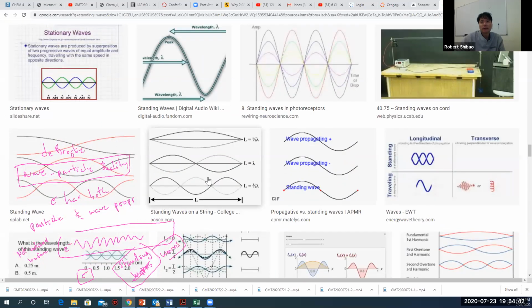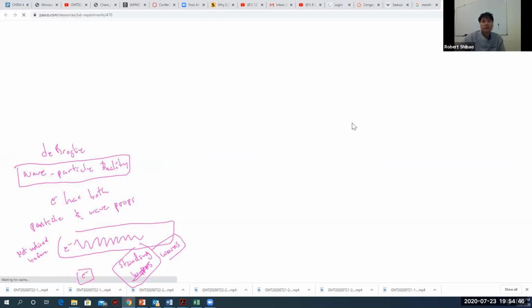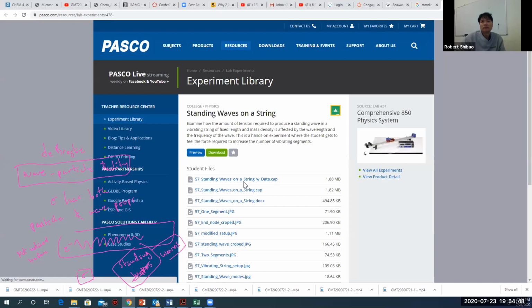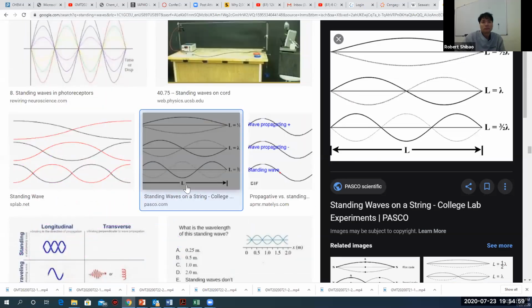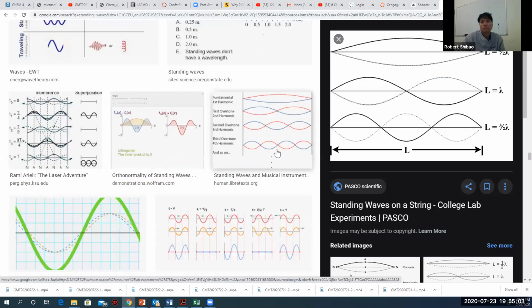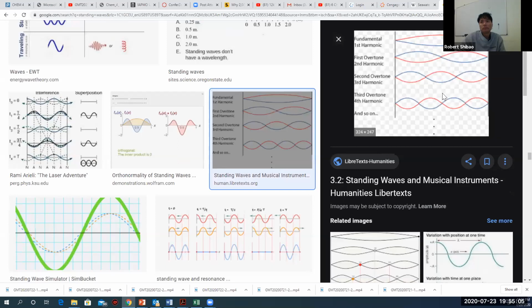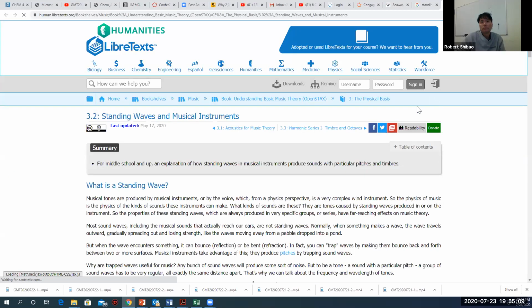This is standing waves in musical instruments.